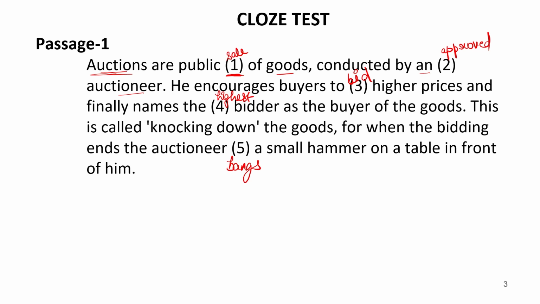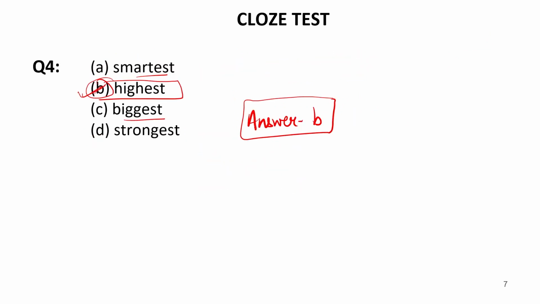He encourages buyers to bid higher prices and finally names the highest bidder as the buyer of the goods. This is called knocking down the goods. For when the bidding ends, the auctioneer bangs a small hammer on a table in front of him. So this is the complete and meaningful passage. Now let us move to the passage number 2.